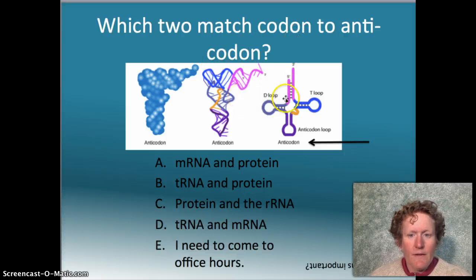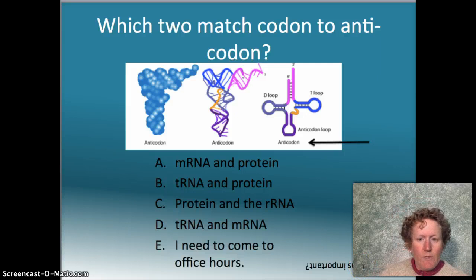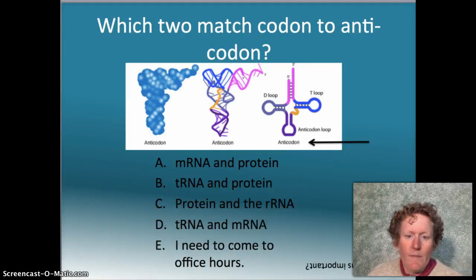The tRNA has the anticodon, and the ribosome helps match this anticodon to the codon in the messenger RNA. Remember, codons are important because they determine which amino acid is going to come in next, and in what order they come in.